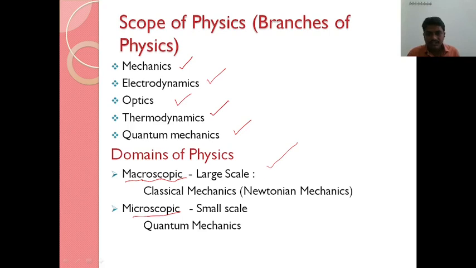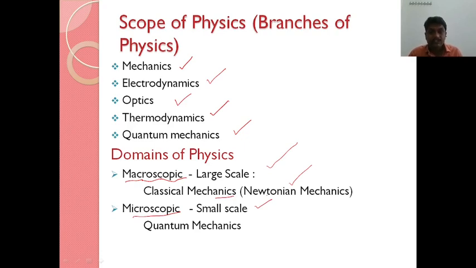It is the branch of large particles. So the mechanics is called classical mechanics, where we use Newton's laws to know the motion of those large bodies.